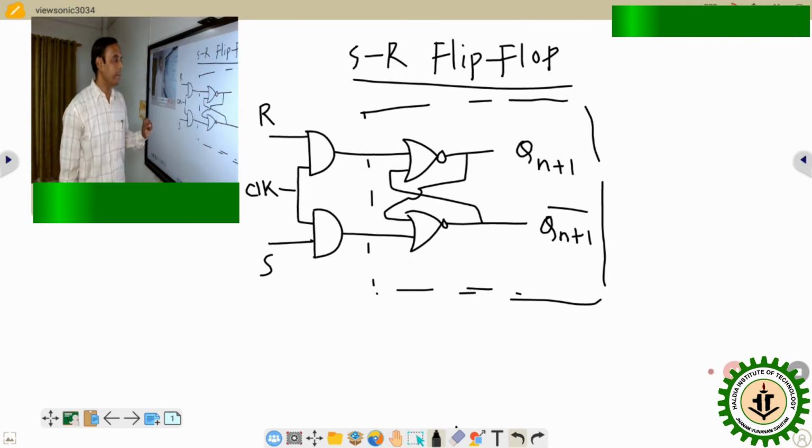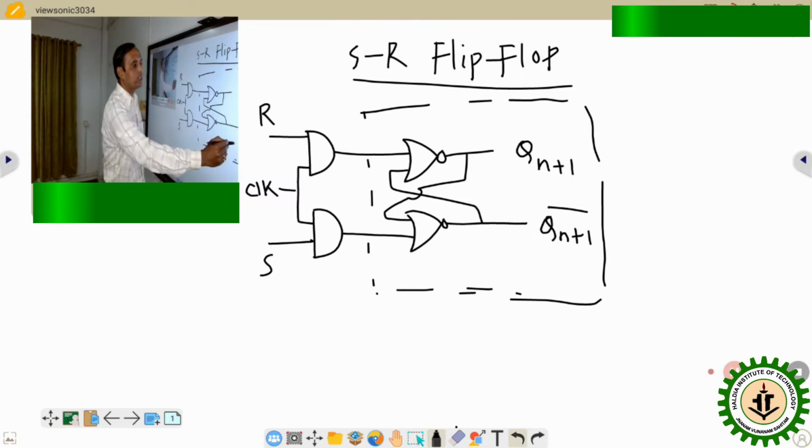How is it happening? Because this particular portion is nothing but the same as the SR latch. So just consider that the proper clock pulse happens whenever we provide a clock value equal to 1. Whenever the clock value is 0, the proper clock pulse is not provided.